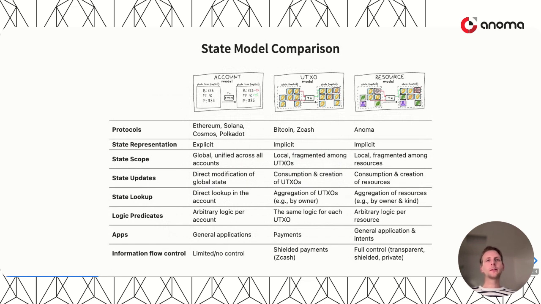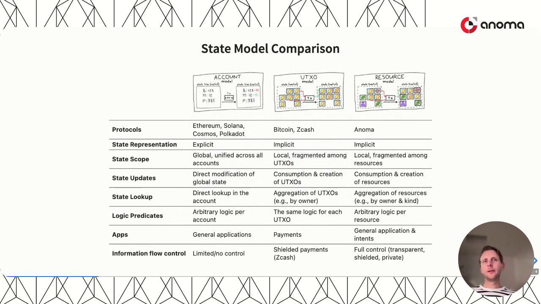In contrast to that, the UTXO and the resource model have state represented implicitly. So a balance of a user or an identity in the UTXO and resource model is the set of all unspent transaction outputs that this user owns, and in the resource model, of all the resources that this user owns.